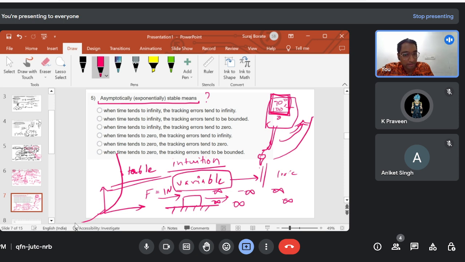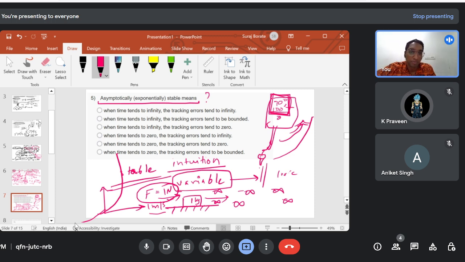Because suppose this is 1 kg, acceleration will be 1 meter per second square. Because there is acceleration, velocity will keep on increasing, and position will also keep on increasing, because there is velocity. So this system is unstable because I gave only 1 Newton force, which is a bounded input, but I got unbounded output. So this is an unstable system.